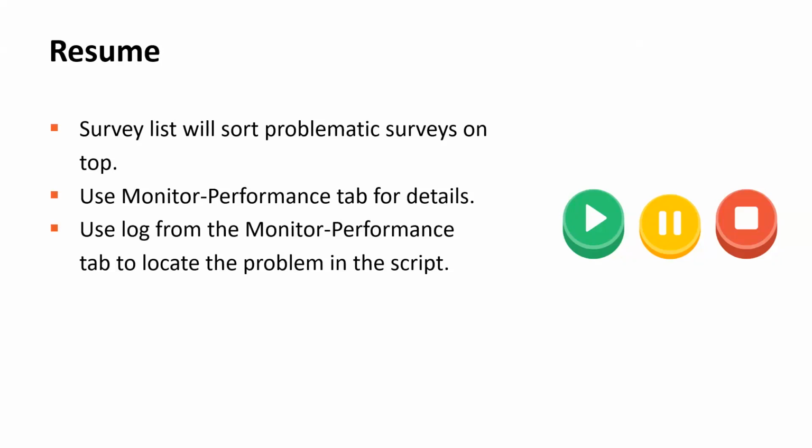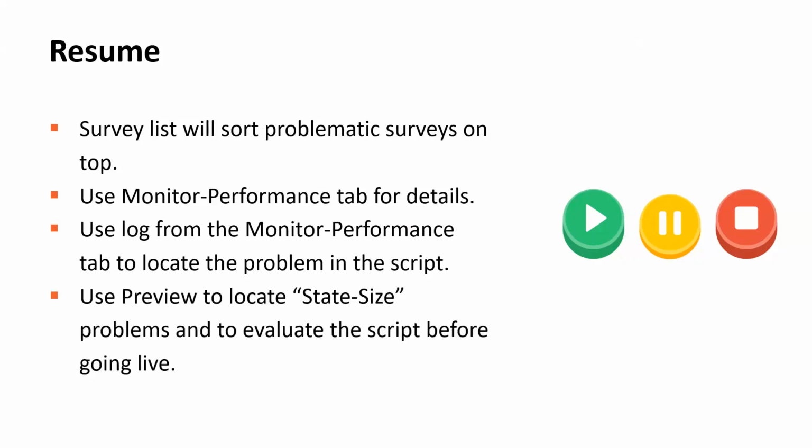That means that one of your respondents found a routing path which ran into problems. Use the log from the monitor performance tab to locate the problem in the script and to locate the actual respondent that ran into this problem. And use preview to locate state size problems and to evaluate the scripts before going live.